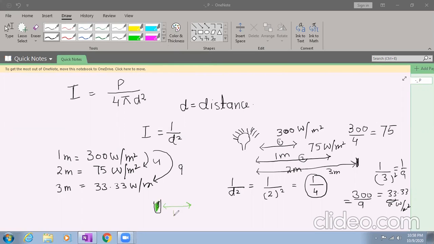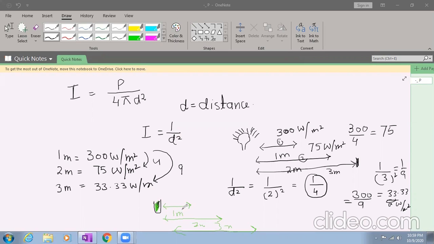For example, first you keep it at 1 meter away, then you keep it 2 meter away, and then you can keep your light source 3 meter away. At each distance you will find the rate of photosynthesis. So the rate of photosynthesis you can measure through formation of bubbles or gas that is collected in a gas syringe, right?